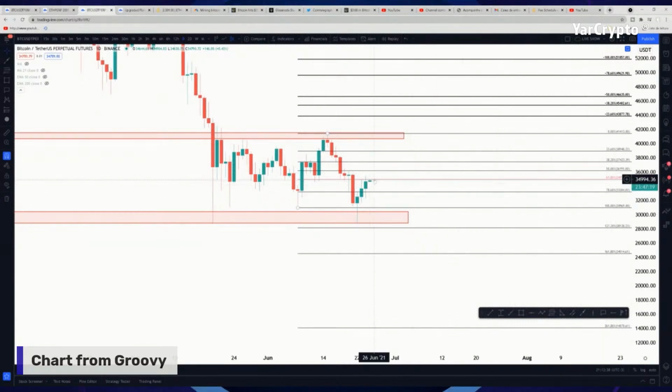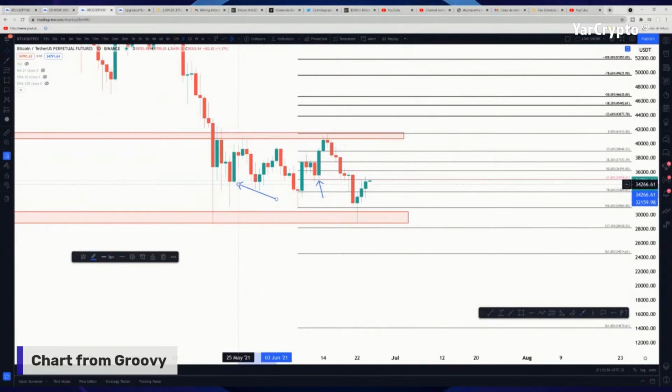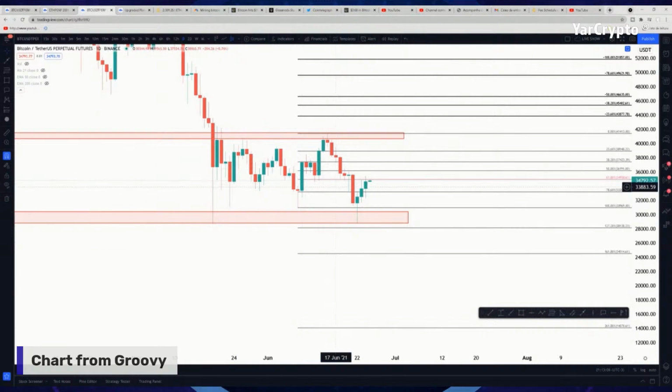It's being tested right now by the price. The 0.618 level has confluence with this move here and these areas as well. We charted it in past live streams as well. We are testing it right now.